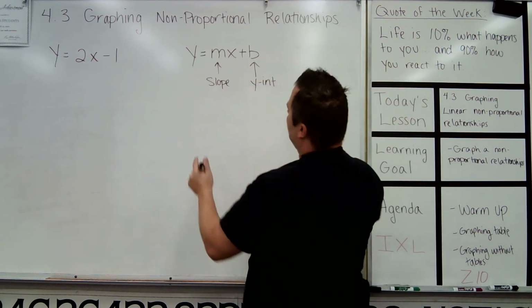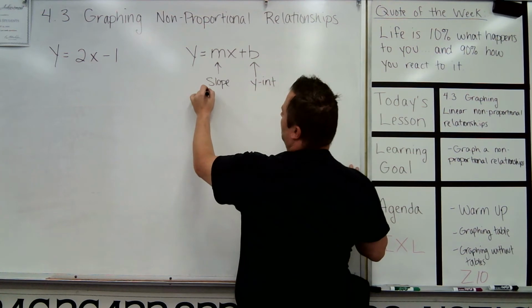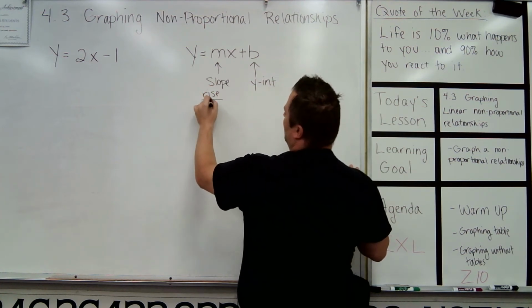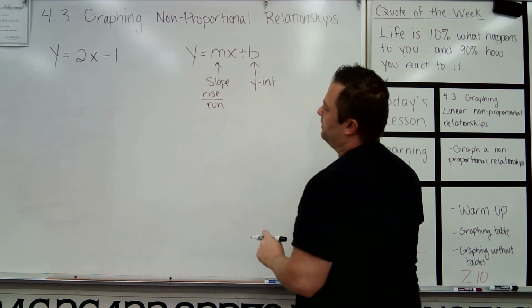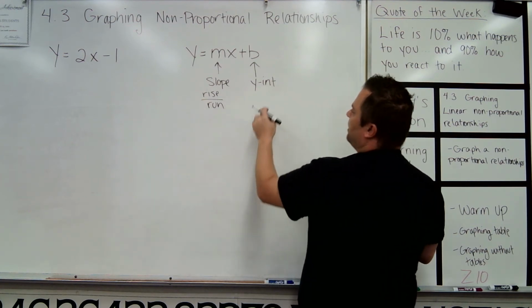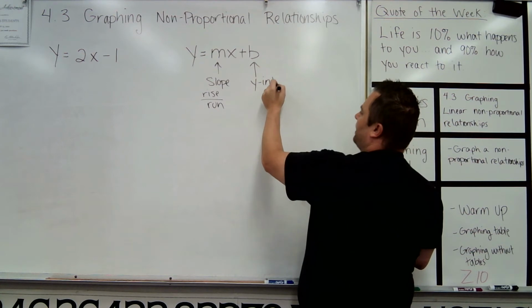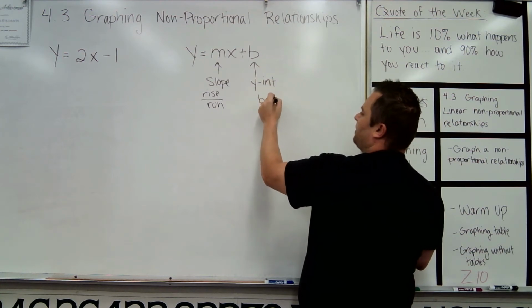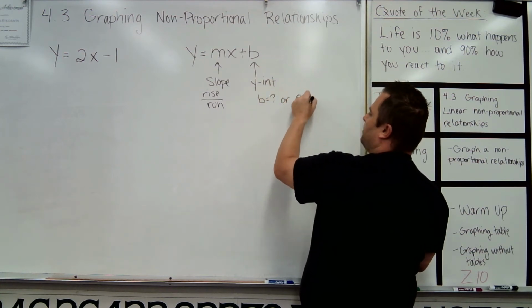The slope has components like rise over run. It's a fraction, where the top part of the fraction is our rise and the bottom part is our run. The y-intercept looks like b equals some number, or 0, comma b.